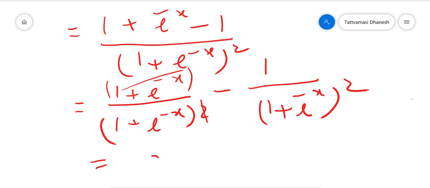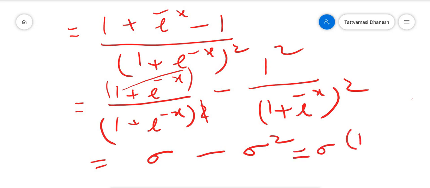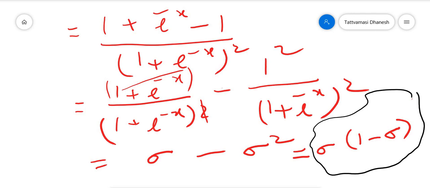This second term is 1 square by the denominator, which is minus sigma square. When you take sigma common, it is sigma into 1 minus sigma. This is really important. This equation we are going to use in the back propagation algorithm.